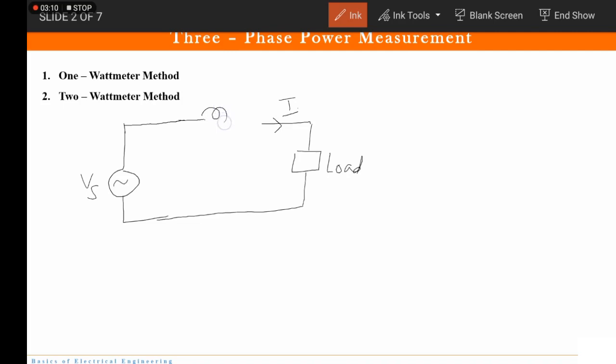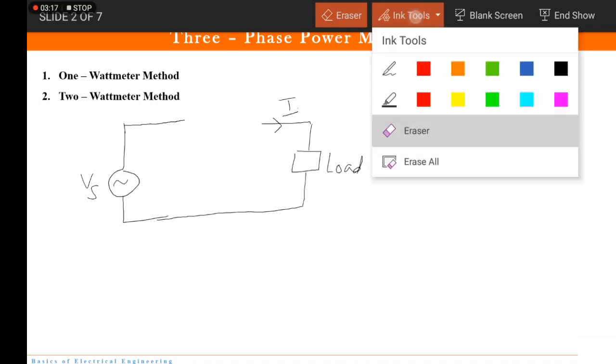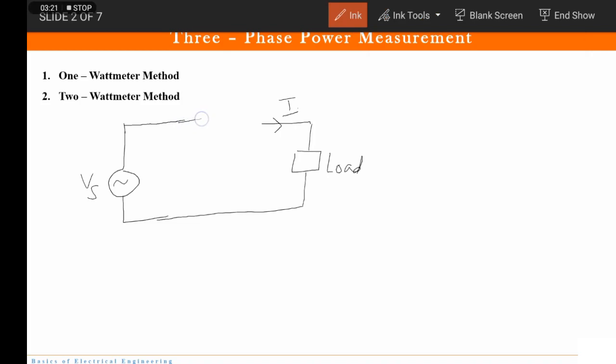So how does a wattmeter look like? Here it has a small coil. Please remember that if I am taking a single turn, it is a small coil.